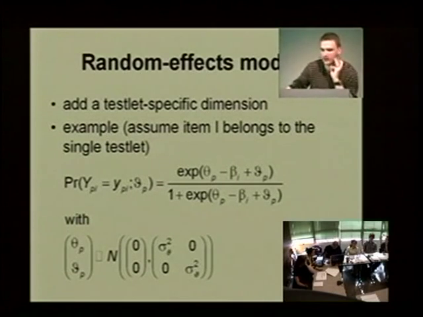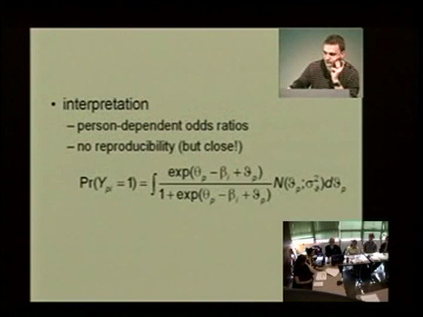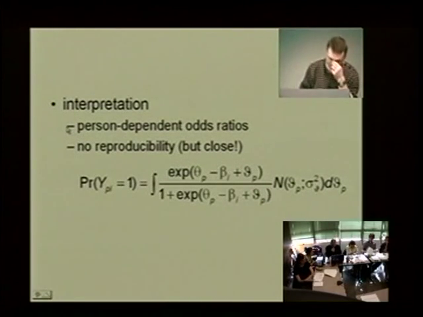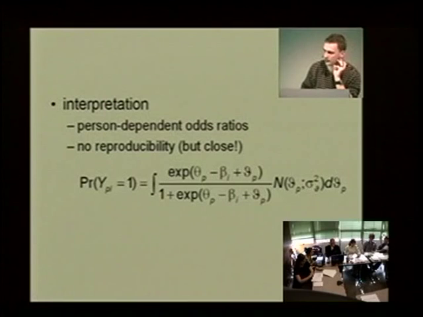And so you can estimate the variances of these latent trait distributions. With respect to the interpretation, if you want to interpret the dependency between items, you have to resort to person-dependent odds ratios. That's less important now. And with respect to the reproducibility issue I talked about before, also in this case you do not have reproducibility.